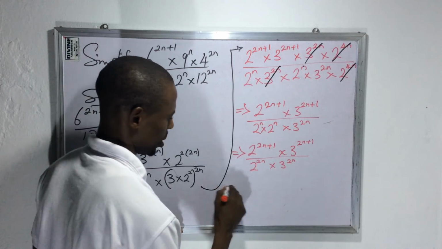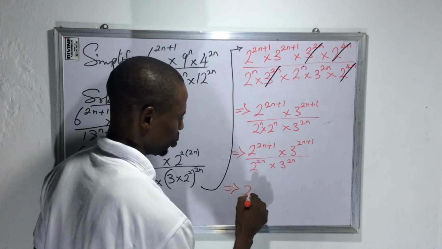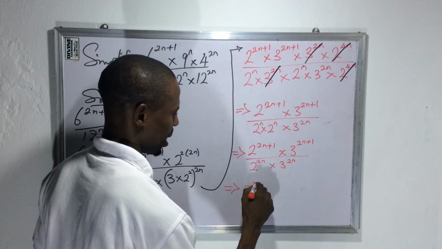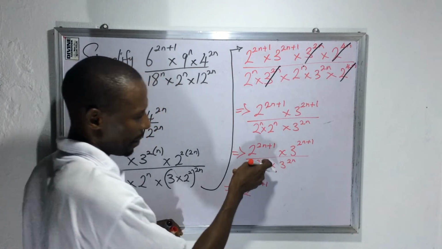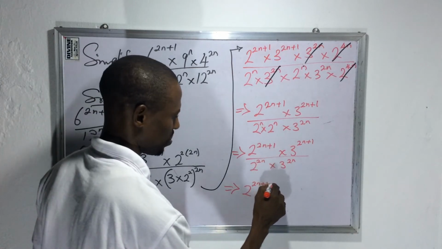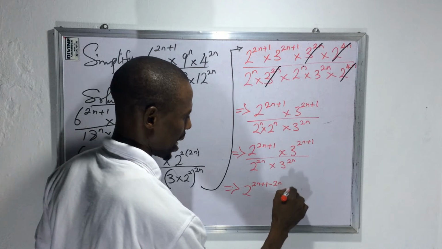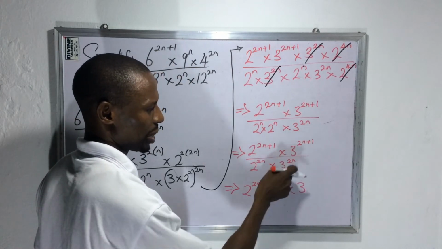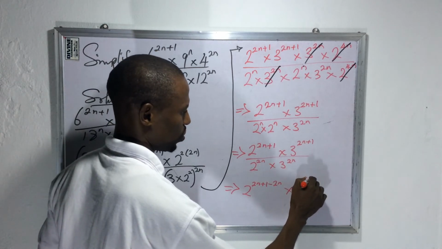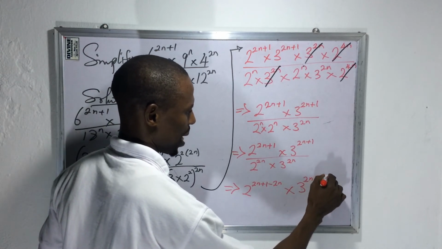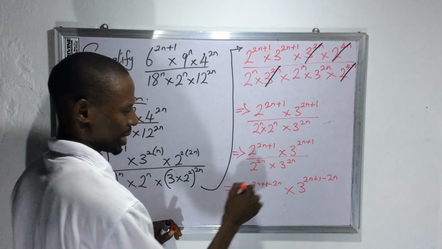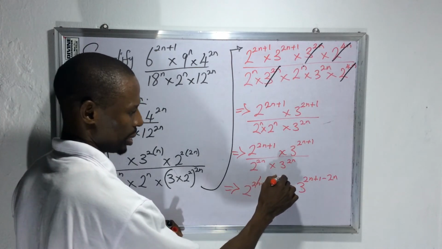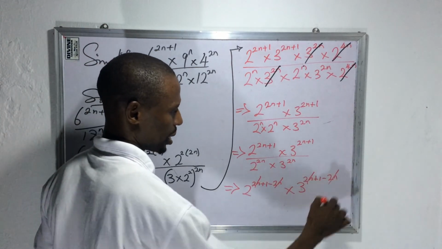So here we're going to have 2 to the power of 2n plus 1 minus 2n, times 3 to the power of 2n plus 1 minus 2n. As you can see, the 2n and 2n will cancel.